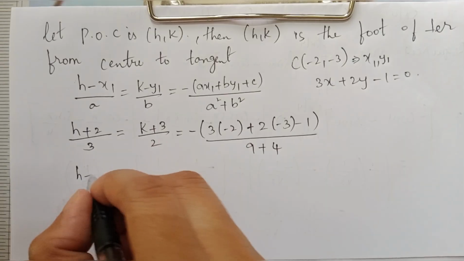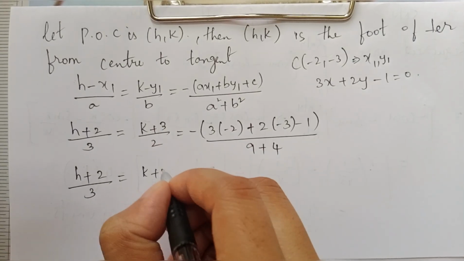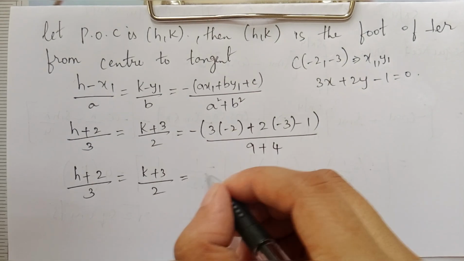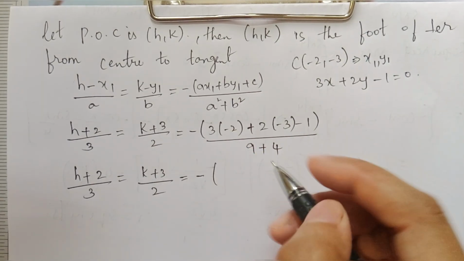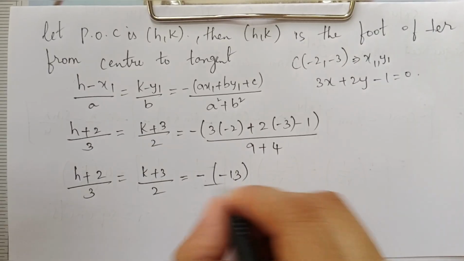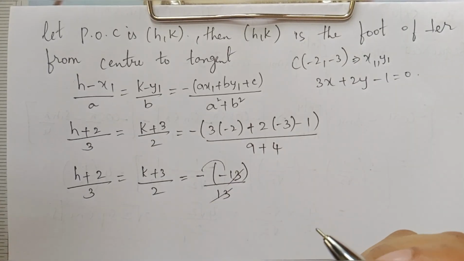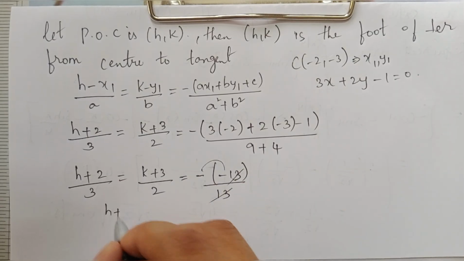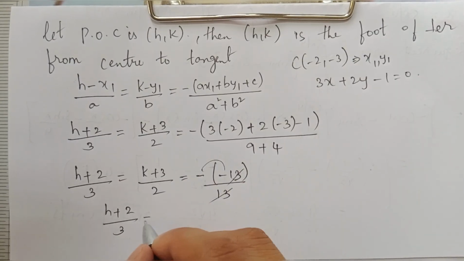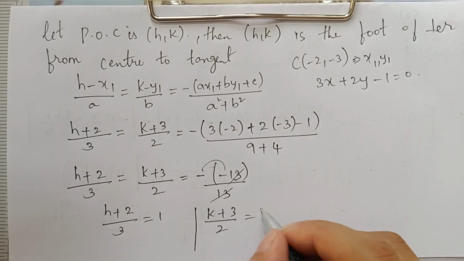So here it is h plus 2 by 3 equals k plus 3 by 2 equals minus of, here we get minus 6 and minus 1, which is minus 13 by 13. So this 13 gets cancelled and this is a positive 1. Now we can equate h plus 2 by 3 equals 1 and k plus 3 by 2 equals 1.